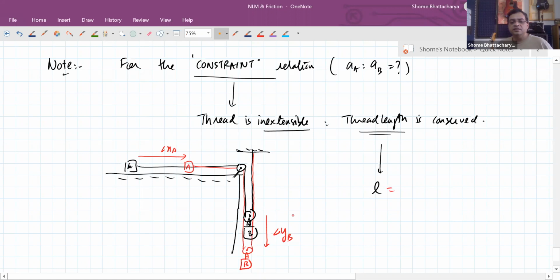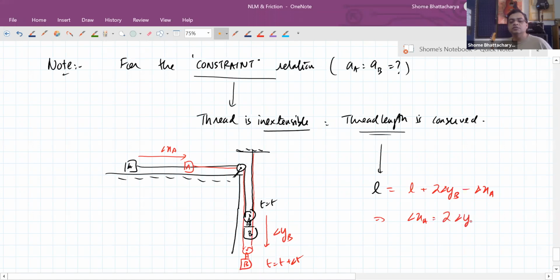So this thread length at this new time compared to the original time has increased on this side by 2 times delta y_B, but on this side it has decreased by delta x.